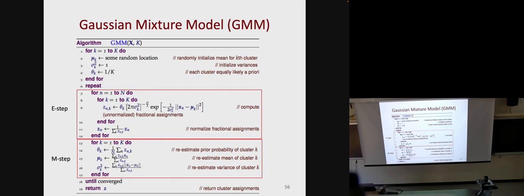But you do a weighted average. That's why when you update the mean of the green cluster, you do a weighted average of all the data points, weighted by the green component. Let's say the z measures the green component, how green they are.